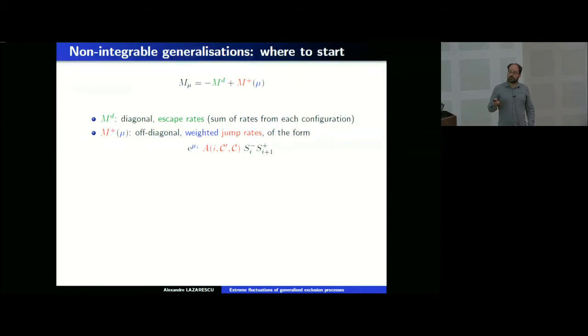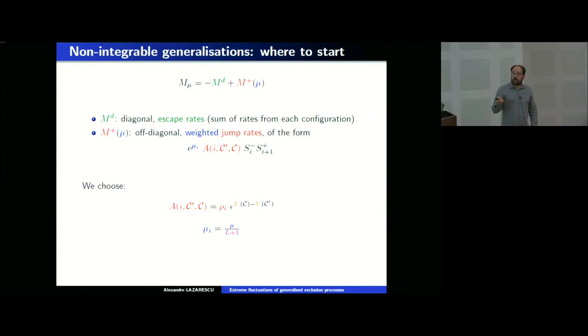The entries of that off-diagonal part contain a current counter, as I said before, which could depend on the site in principle if I wanted to count the currents on every site independently. Then I have a jump rate, which depends on the two configurations that I jump from and to, and also depends explicitly on the site. And then I have an operator which takes a particle in i and tries to put it in i plus 1. These are like spin 1/2 Ising operators.